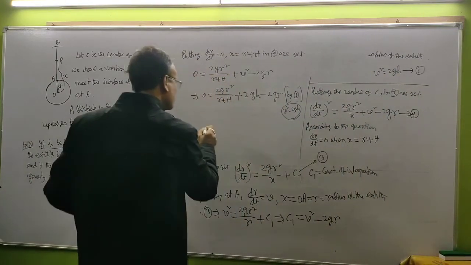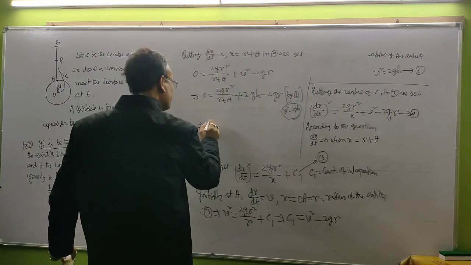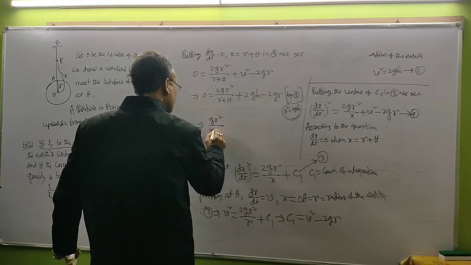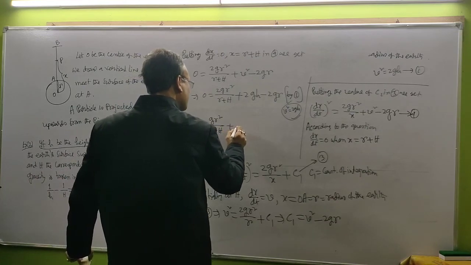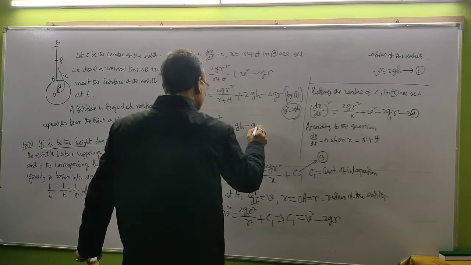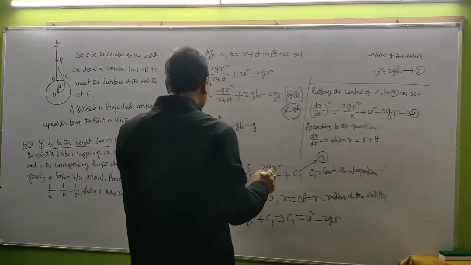Now, 2 will be cancelled. gR²/(R + H) + gh − gR, g also will be cancelled.